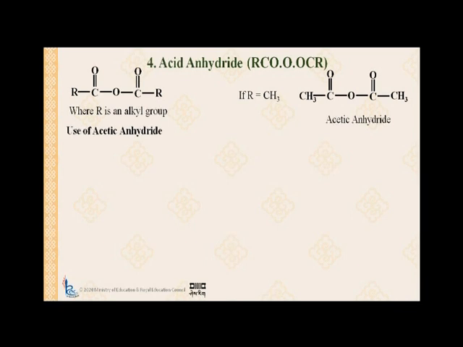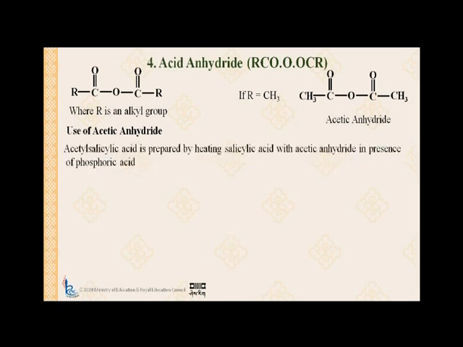Uses of acetic anhydride: it is used in the manufacture of a compound known as acetyl salicylic acid. So how is this acetyl salicylic acid prepared? It's prepared by heating salicylic acid with acetic anhydride in the presence of phosphoric acid. So when you heat these two together, you get acetyl salicylic acid.